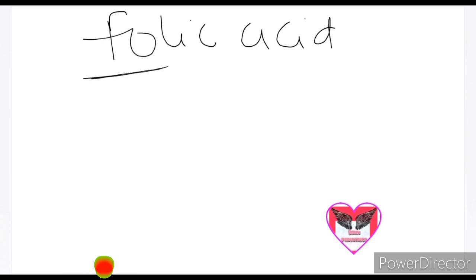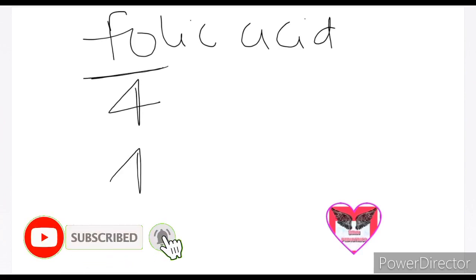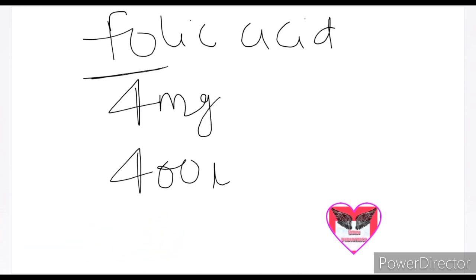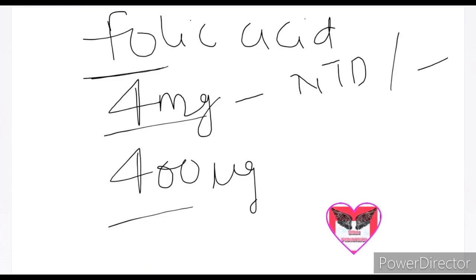Now next we have one important thing also, folic acid. Regarding folic acid, F for folic, S for 4 and 400: 4 milligram is given to whom, and 400 microgram to whom. 4 milligram is given from 1 month before conception if the mother has prior pregnancy complicated by a neural tube defect or a first degree relative having history.